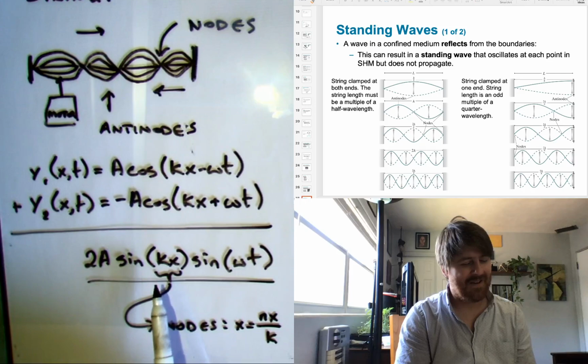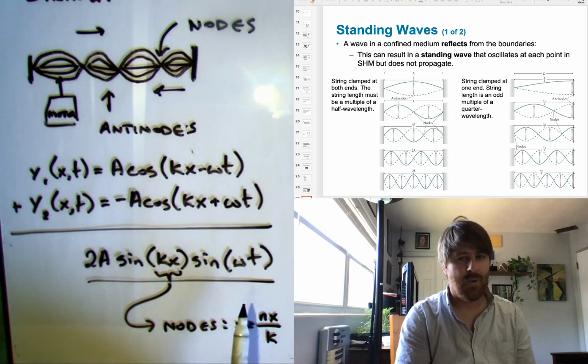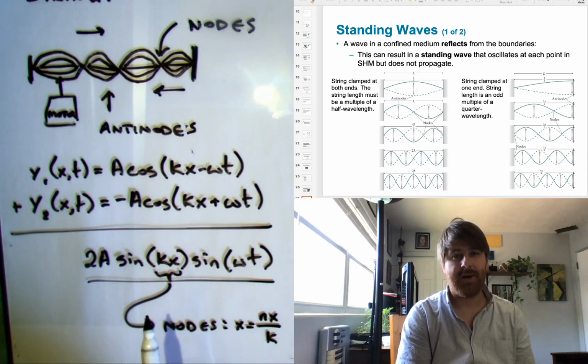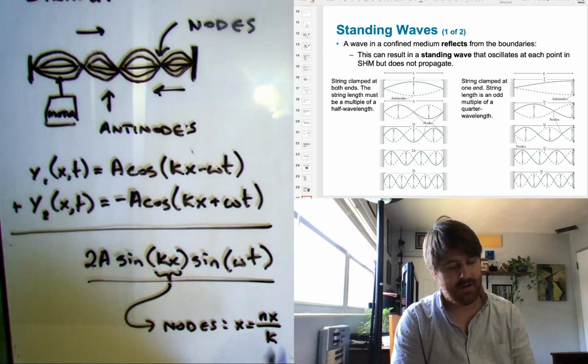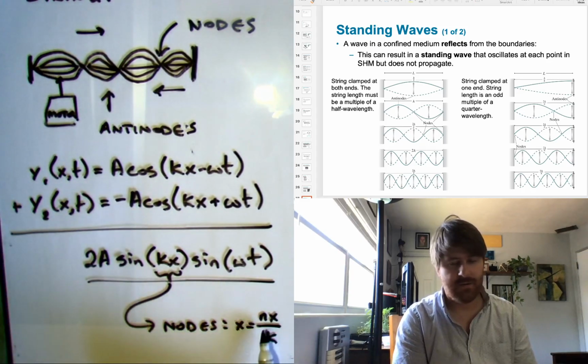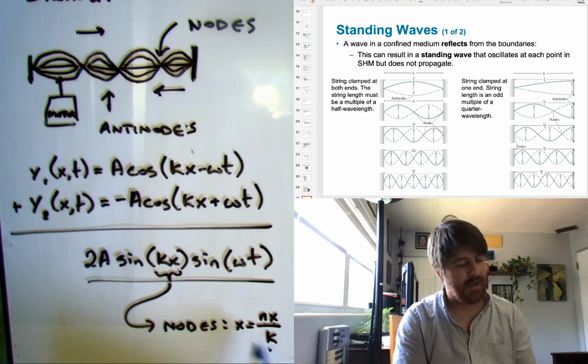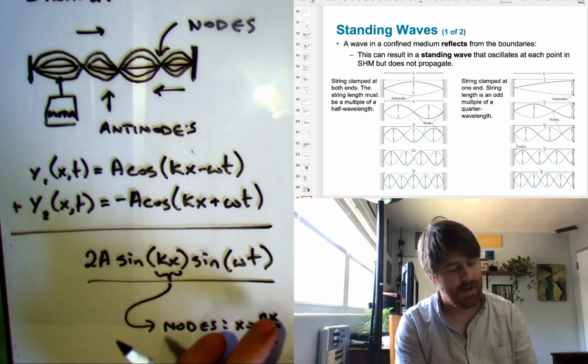Sine of 0 or pi is 0, sine of pi over 2 or 3 pi over 2 is 1 or minus 1. So as long as n is an integer, 1, 2, 3, 4, 5, then n pi over k will give me, let's see, oh, that should be n pi x over k, sorry.